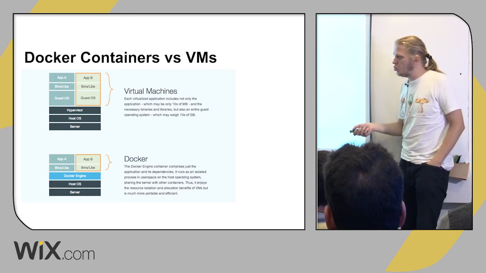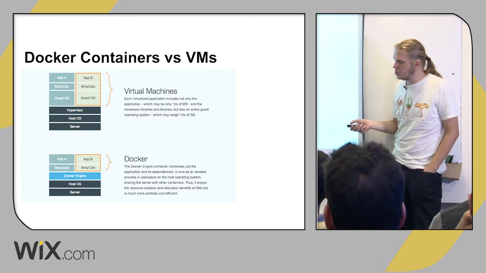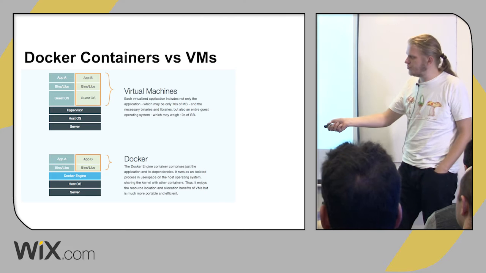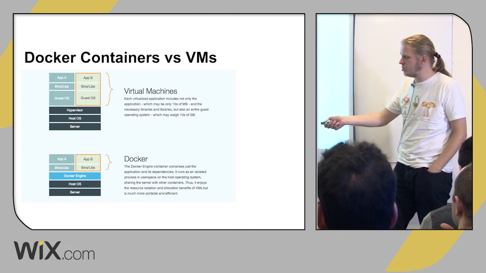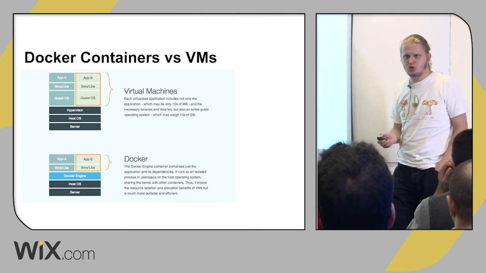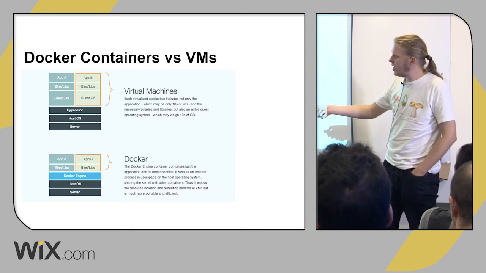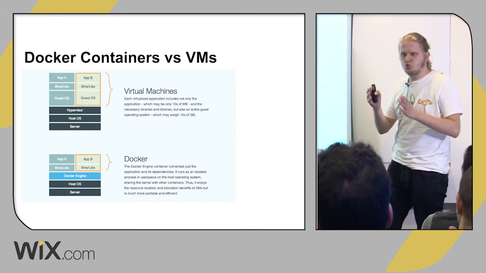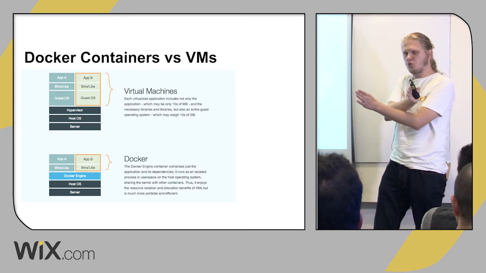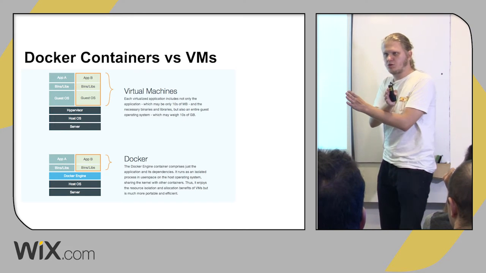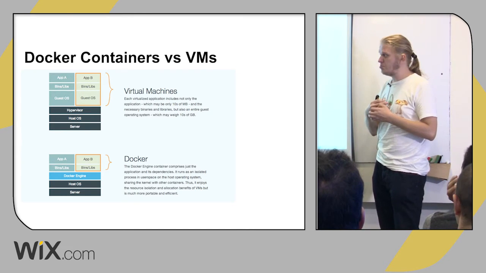But the idea is that you still have an operating system running, you have the libraries, and you have your application. What happens in the case of Docker is that you have your server, your operating system, something called the Docker engine, I will elaborate a bit later, and your app running on top of it. You don't have the operating system layer for your concrete application.